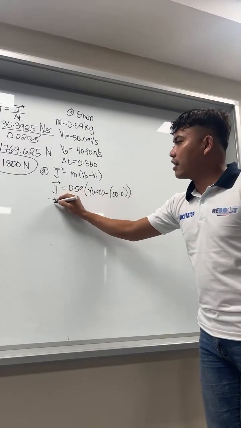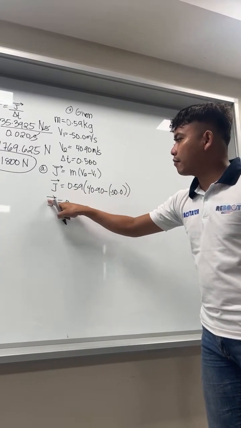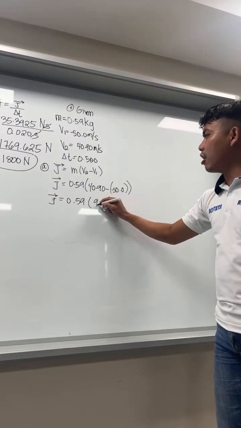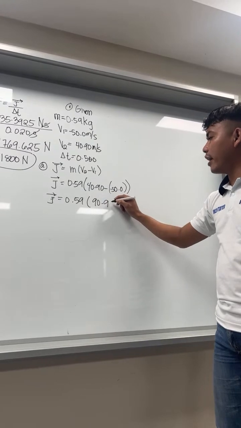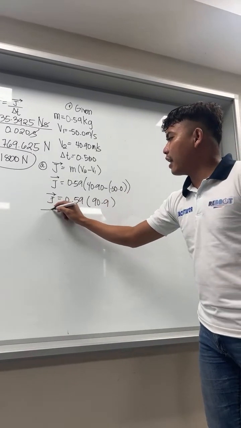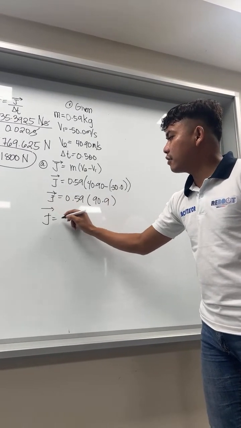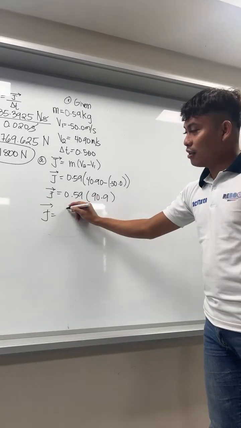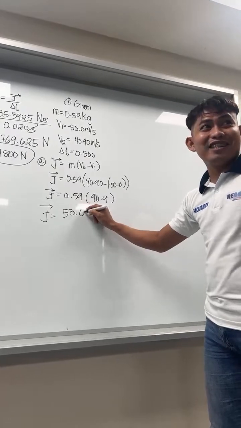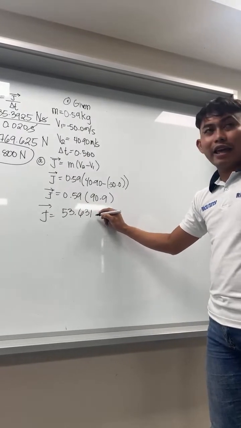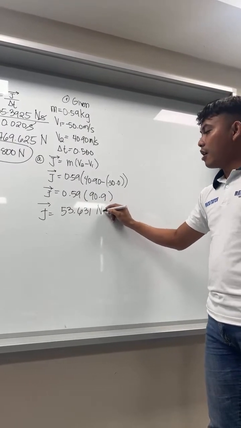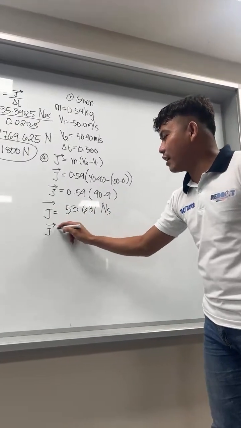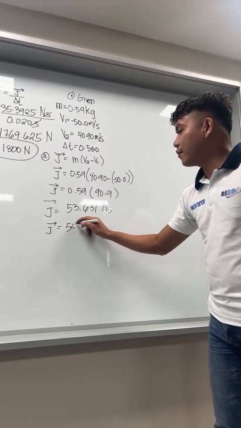So, you have the answer of what? That is 90.90. Multiply, the impulse is 53.631. Very good. And final answer, apply the same thing. 54.